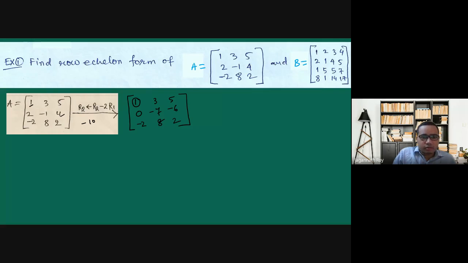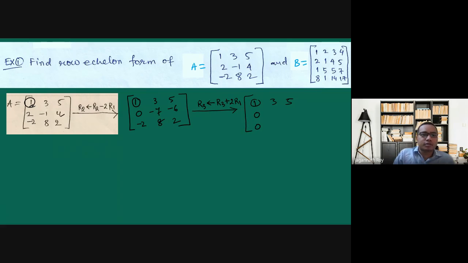Now what we want in the next step: 1, 3, 5 is there, and we got 1, 0 here. Now we want the next entry here also 0. How do we do that? We replace R3 by R3 plus 2 into R1.